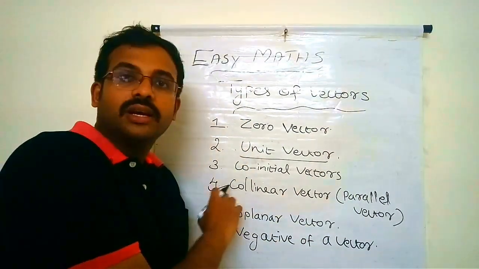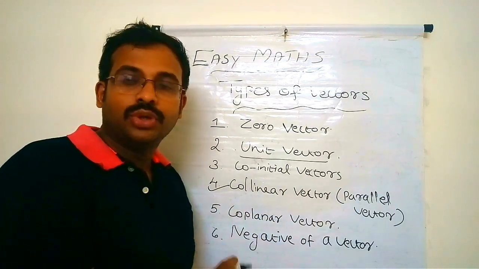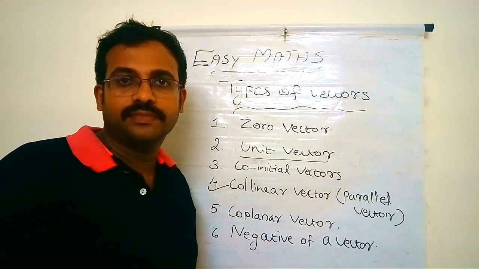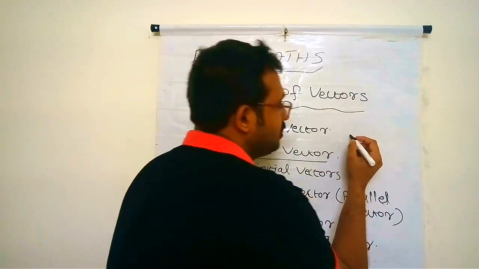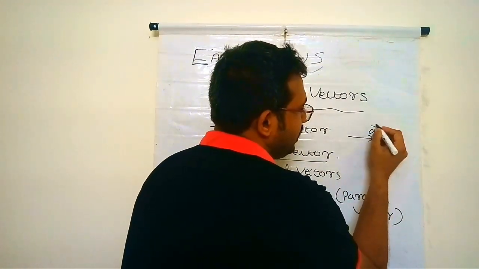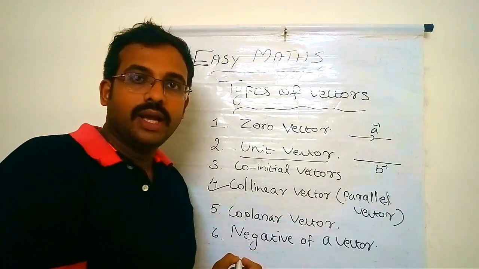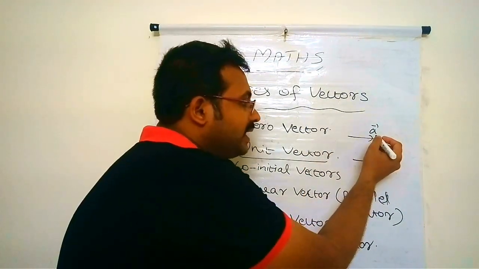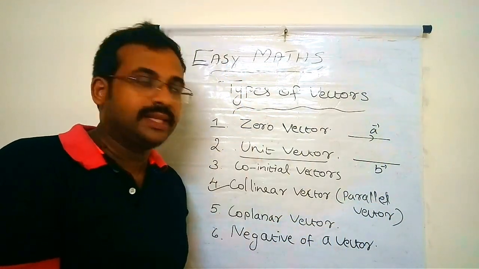The next one is collinear vector or parallel vector. Two vectors being collinear means they are parallel. If vector A and vector B are parallel, then one vector can be represented as a constant multiple of the other.